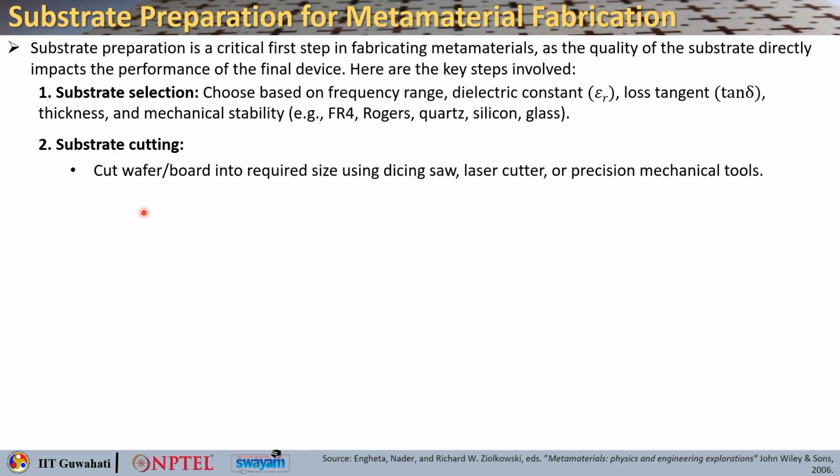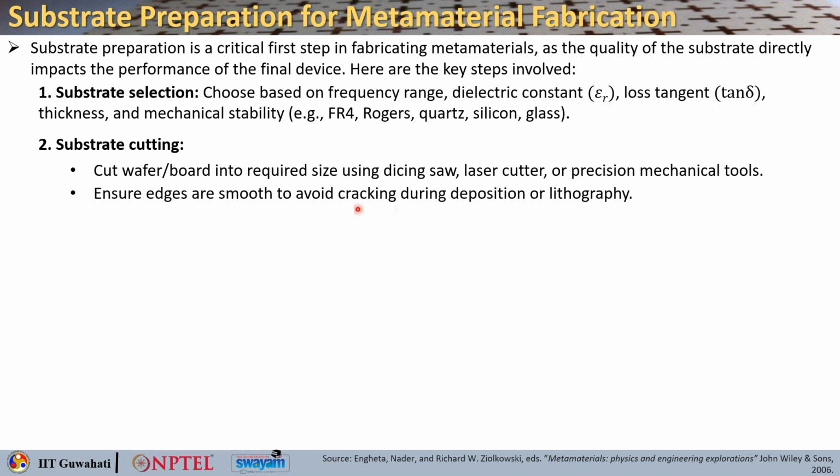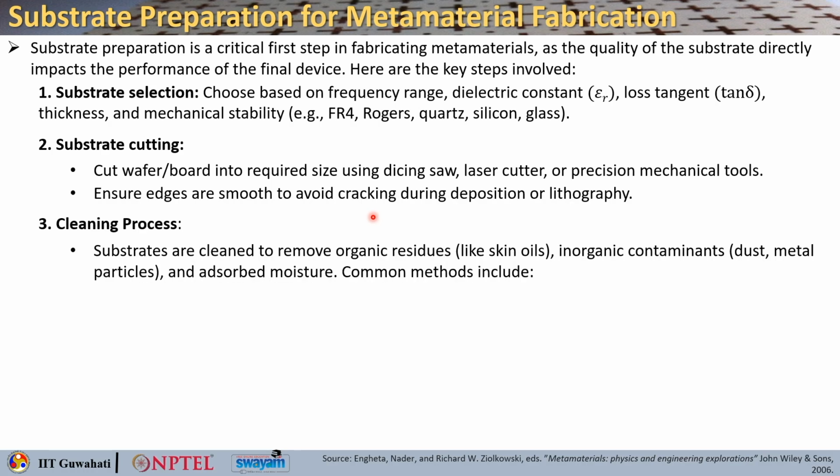Next you do the substrate cutting. You cut the wafer or the board into the required size using a dicing saw, laser cutter or precision mechanical tools, and you have to ensure that the edges are smooth to avoid cracking during deposition or lithography, and then you clean your substrate.